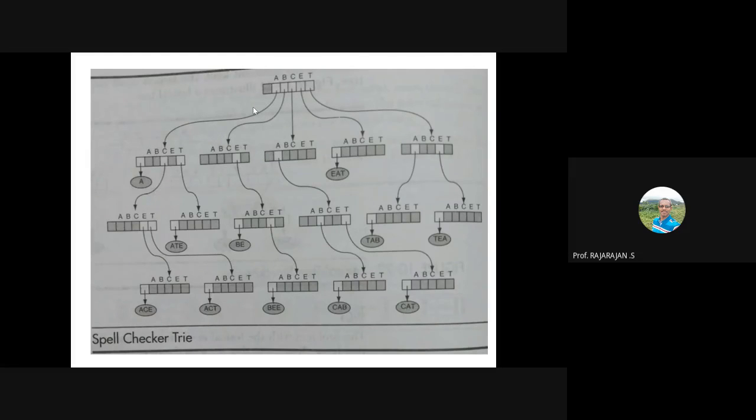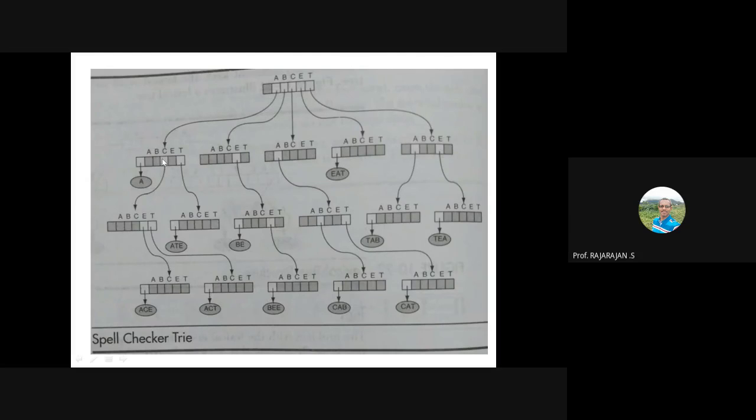Let's now try a word which is not in the tree. ACT is also there. AC. Okay, let us take ACB. So ACB is what I want to search for. I will start with A, not null. So I will come to the second level.